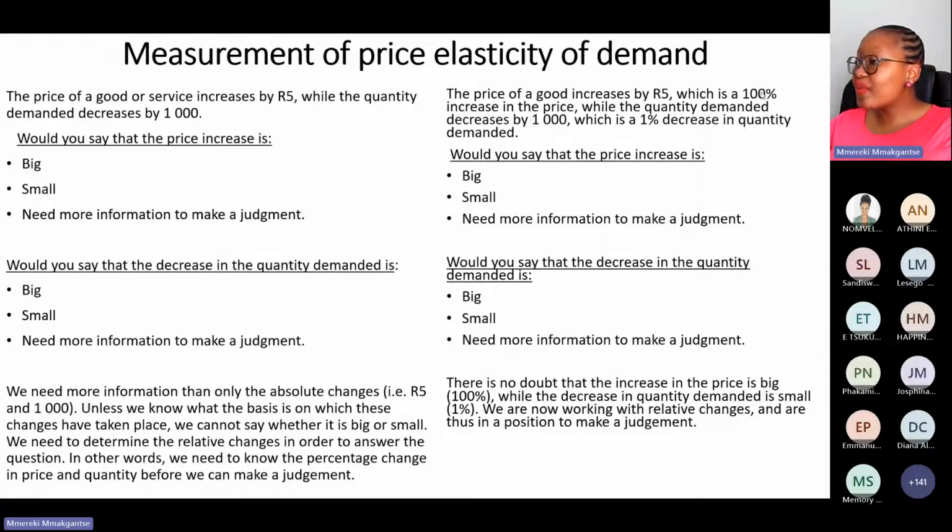So this information that shows us the percentage change is what we needed, and it's what was not provided in the left side example.